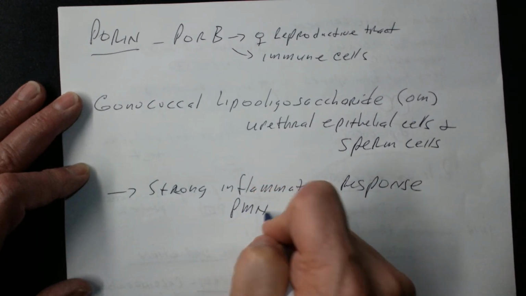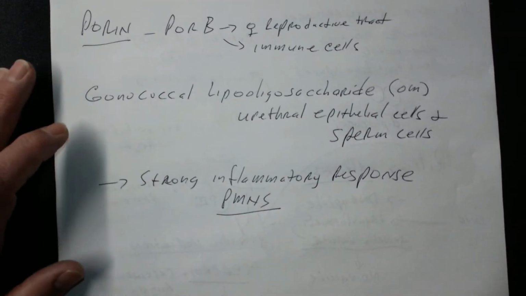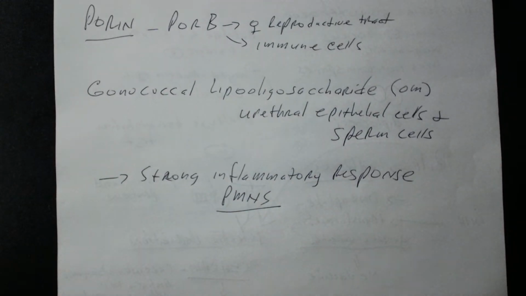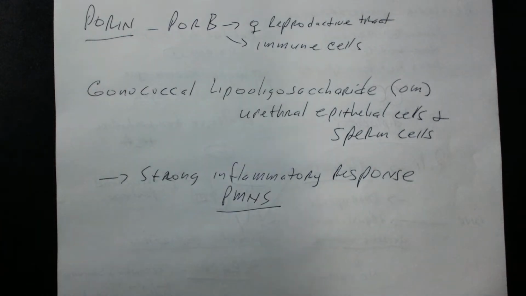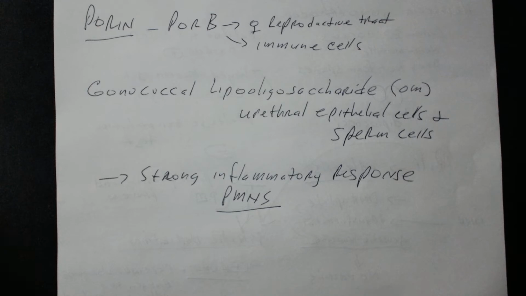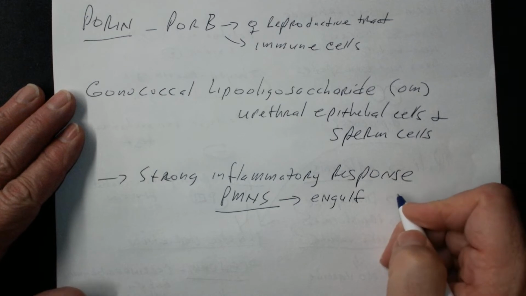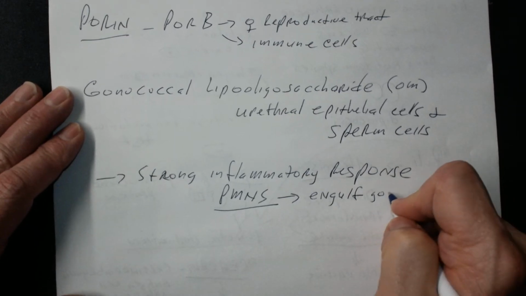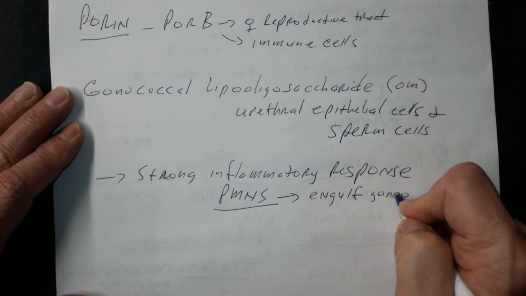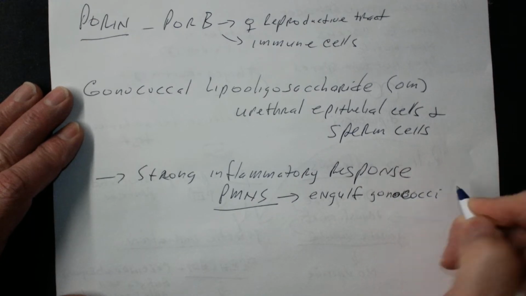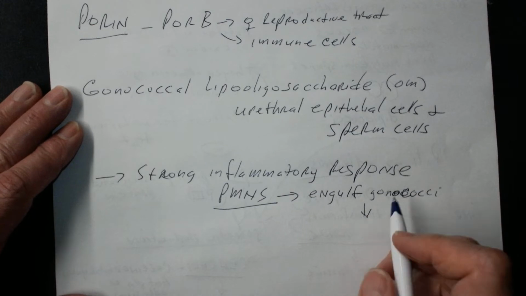And so neutrophils, your polymorphonuclear cells, are one of the first cells on the scene. But it's very clear that the polymorphonuclear cells are not capable of clearing the infection. And these will engulf the gonococci, but they do a poor job of clearing them.